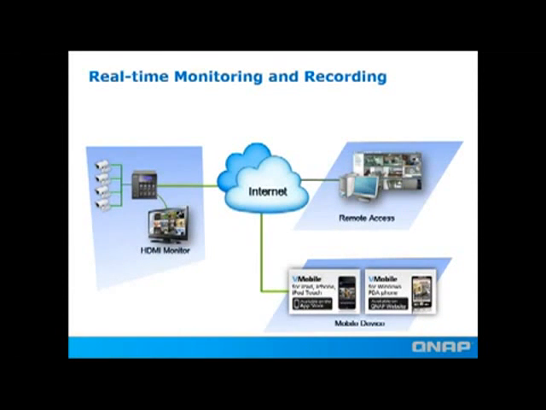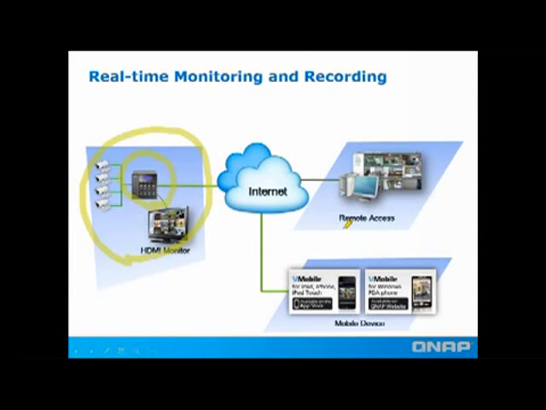In essence, the screen right now shows a normal deployment for a QNAP device, which is sitting right here. This is how your network topology is going to look. On the local side, on the site, you have your IP cameras. Also, you can hook it up like a DVR with an HDMI monitor.